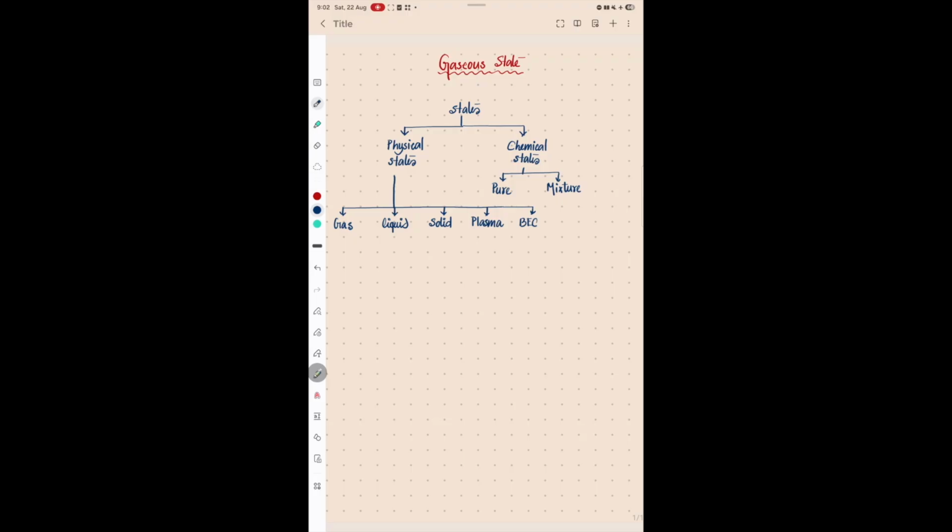So in this chapter we will be discussing the gaseous state. Further, gas can be categorized into two categories. One is ideal gas and the other is real gas.